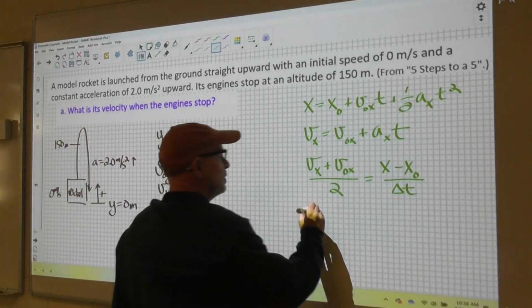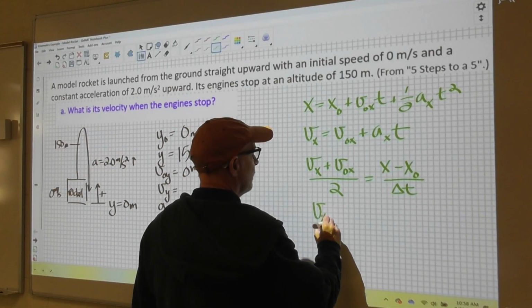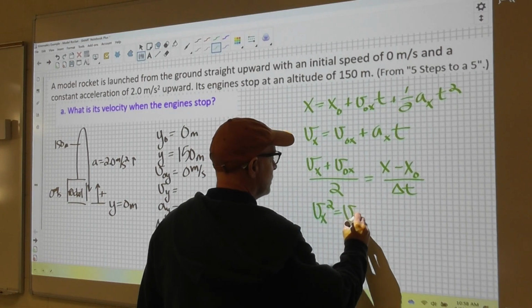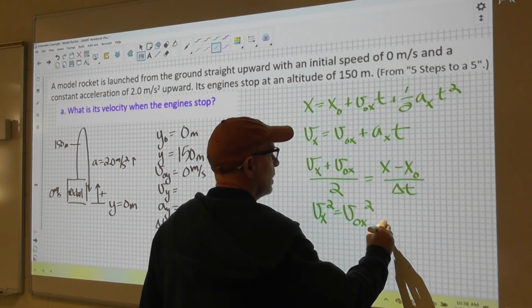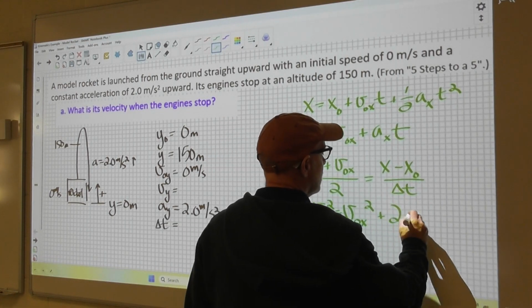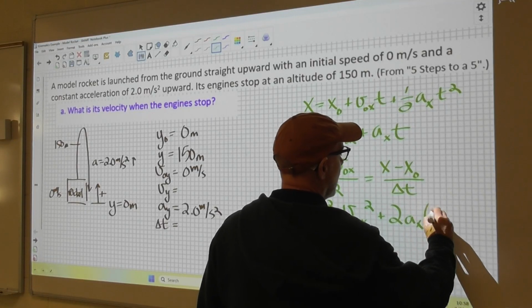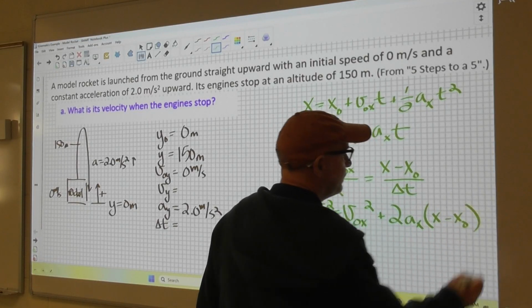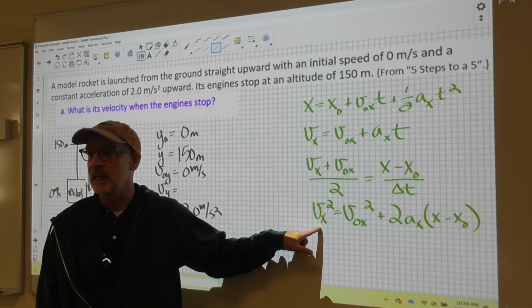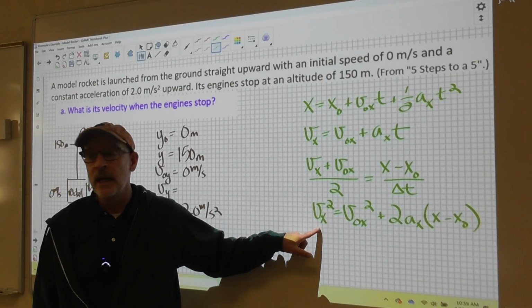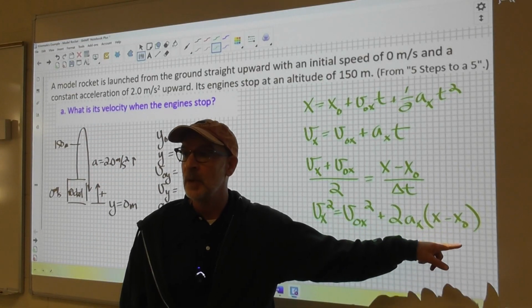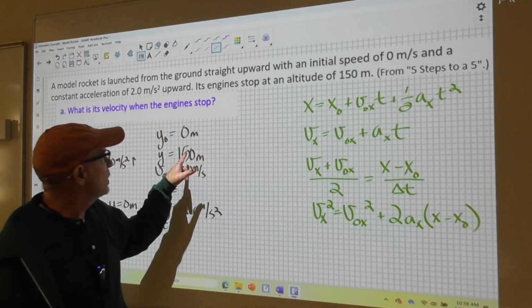The last equation was the weird one. The final velocity squared is equal to the initial velocity squared plus 2 times the acceleration times the displacement. It's got final velocity in it, that's what we're looking for. It doesn't have time. It has initial velocity, which we know.